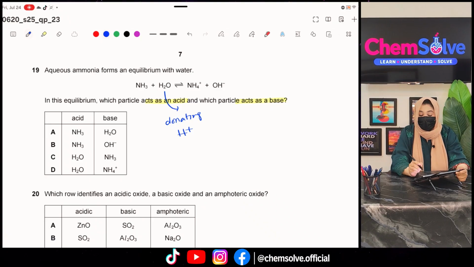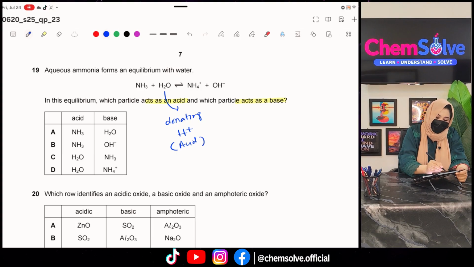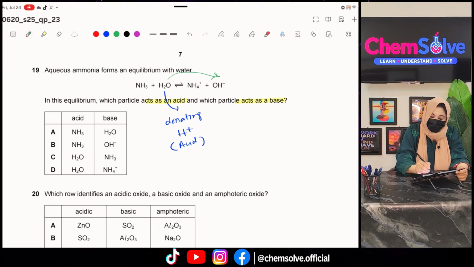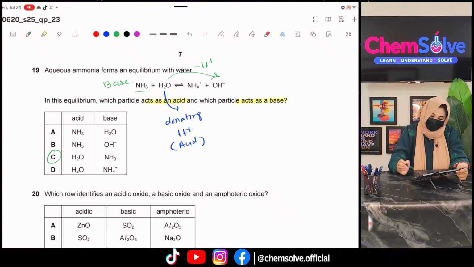And the substances which donate their H positive are acids. Look, water is changed from H2O to OH minus 1. One H positive is being removed. So water is for sure the acid. And the other thing must be the base. So that's why the correct option is option C.